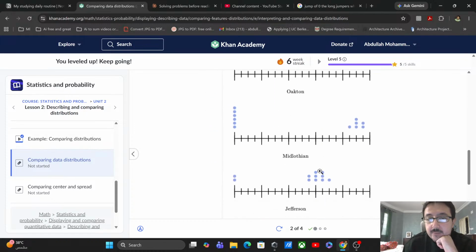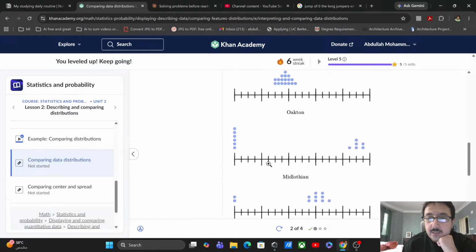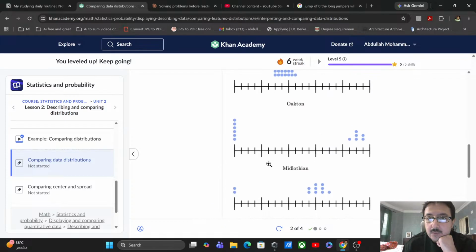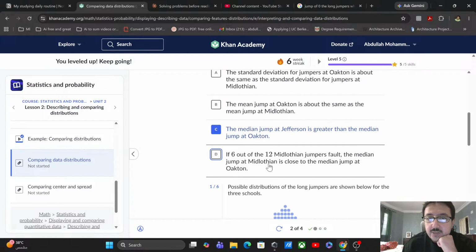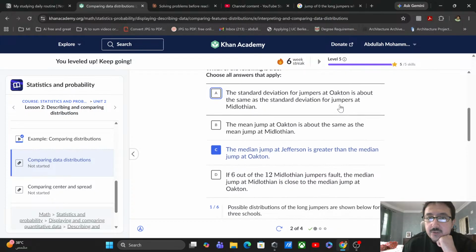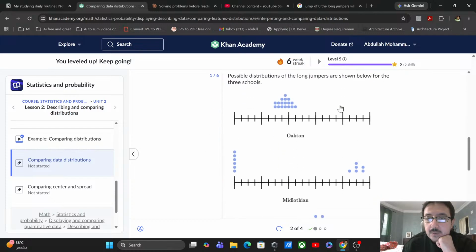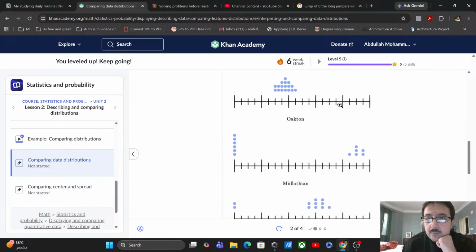I don't get it. Spread of the data around the mean. Therefore, Middleton is more spread out than Octane. Yep. It's about the same deviation for the jumpers. But it's not.